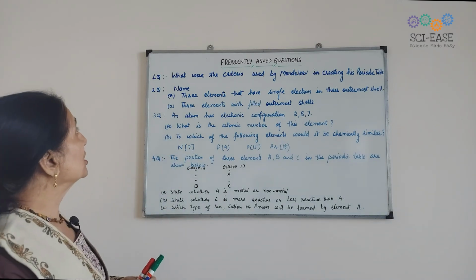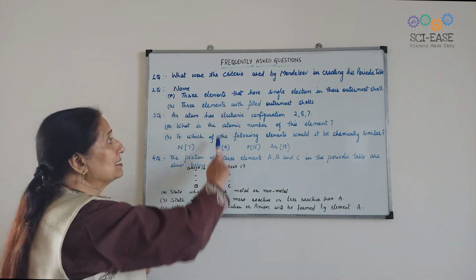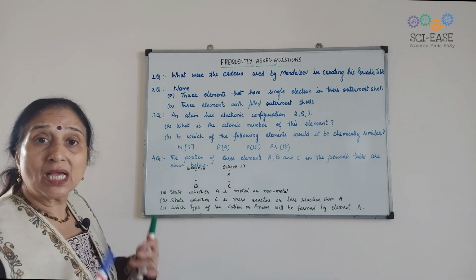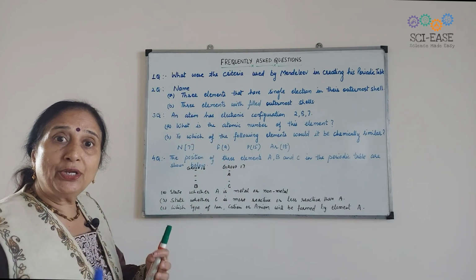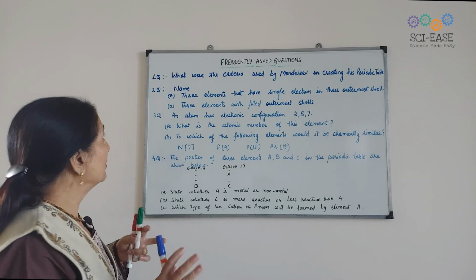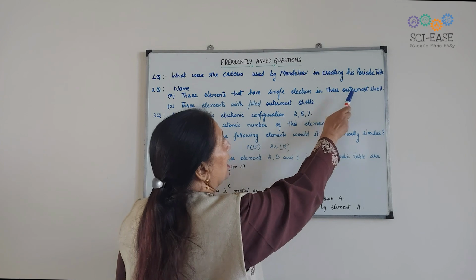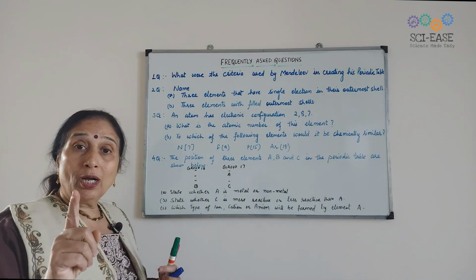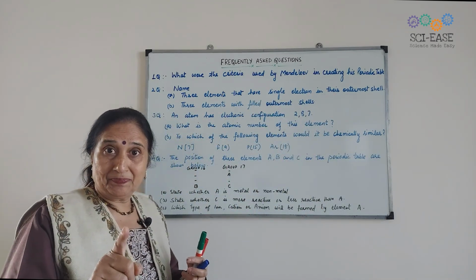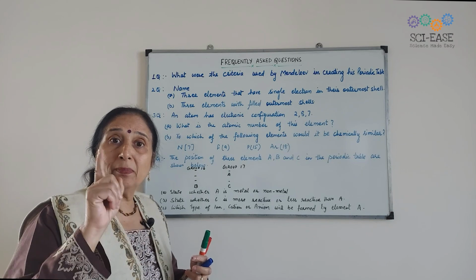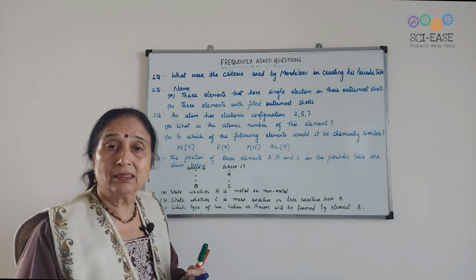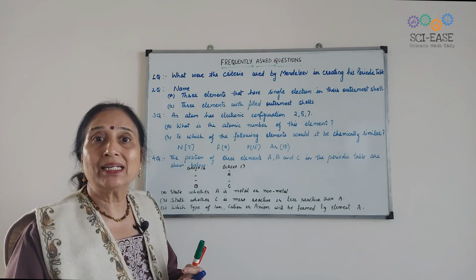Now, next question. These are application-based questions, some indirect questions, and you are to practice them thoroughly. Name 3 elements that have a single electron in their outermost shell. So, the elements of group number 1 have a single electron in their valence shell.